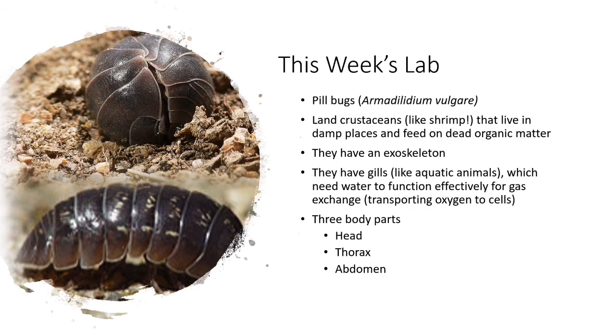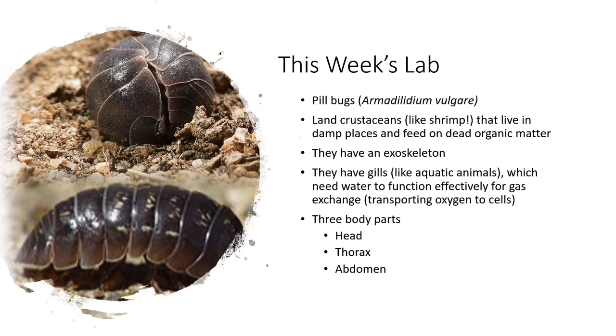Basically, gills need water flowing over them at all times in order for oxygen to be transported across these membranes to get oxygen into the cells in order for these animals to live. So that's very, very important for their survival. They will not live if their gills become dry. They will die.